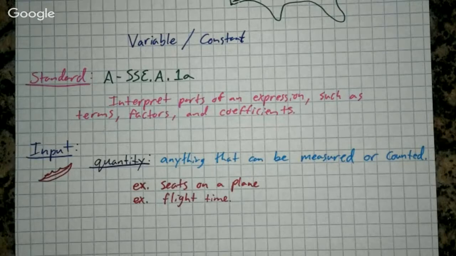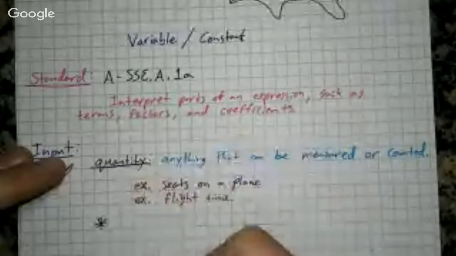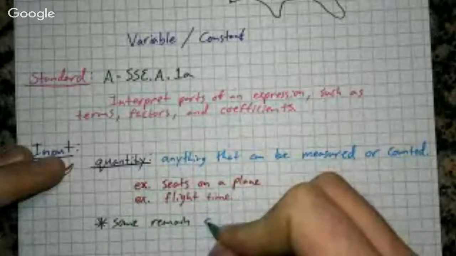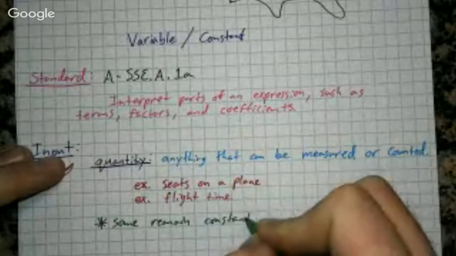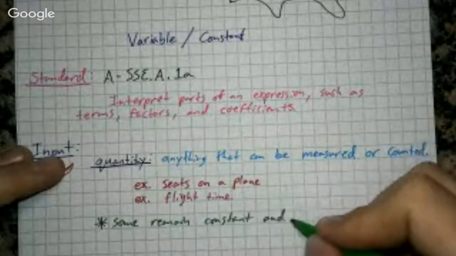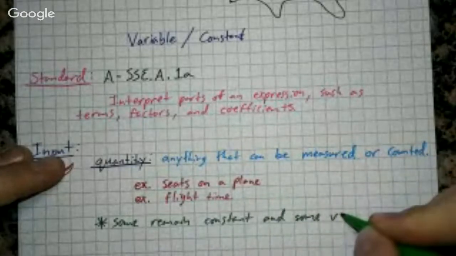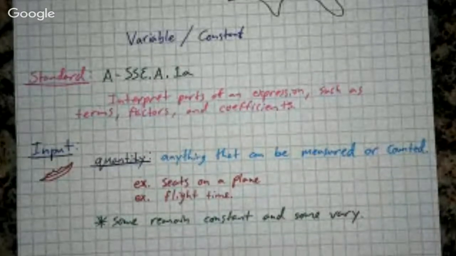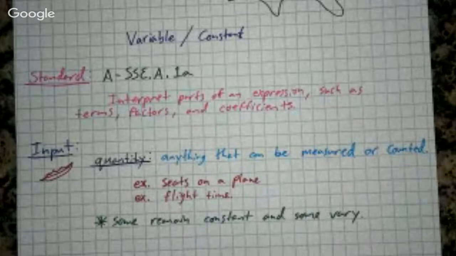Now, some of these quantities are different, right? There are different types of quantities. Some remain constant, and some vary.